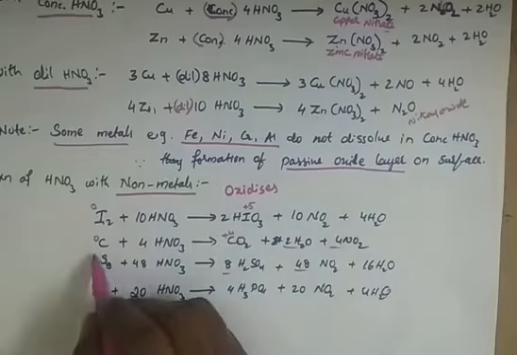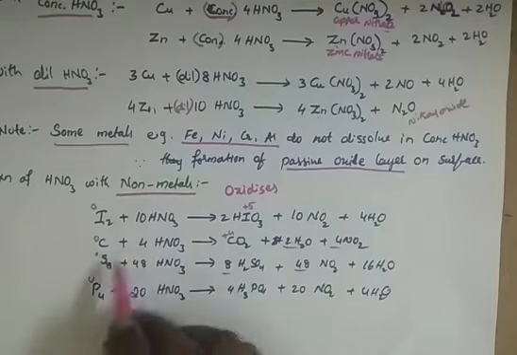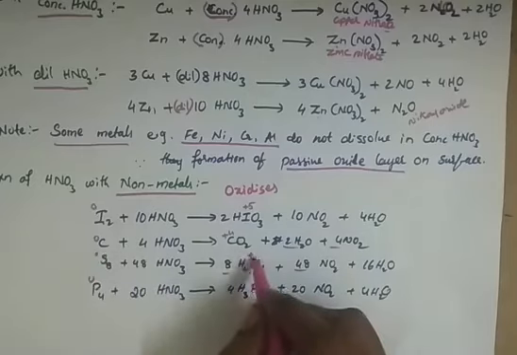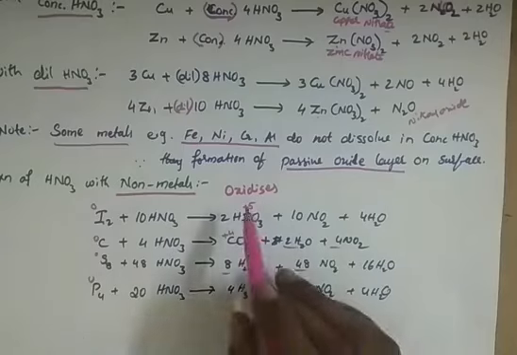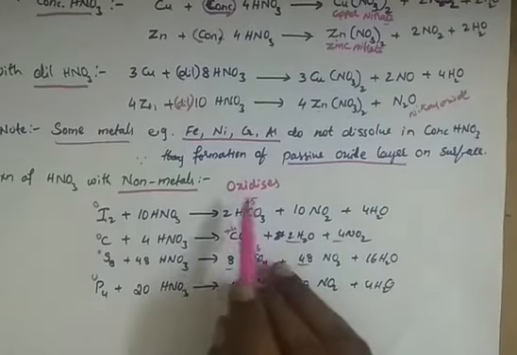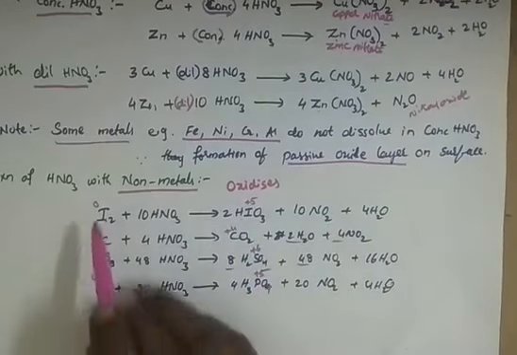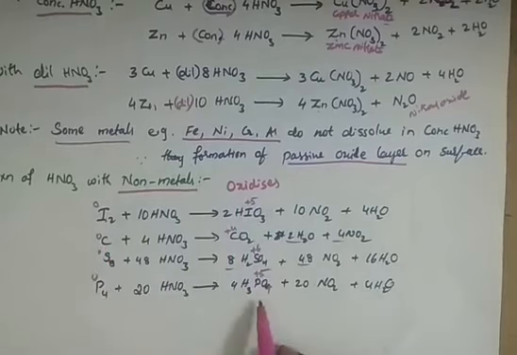Similarly, these are also 0 oxidation state, but here it is +6, and H3PO4: 4 twos are 8, so phosphorus is +5. So HNO3 has oxidized the respective non-metals into their respective compounds.